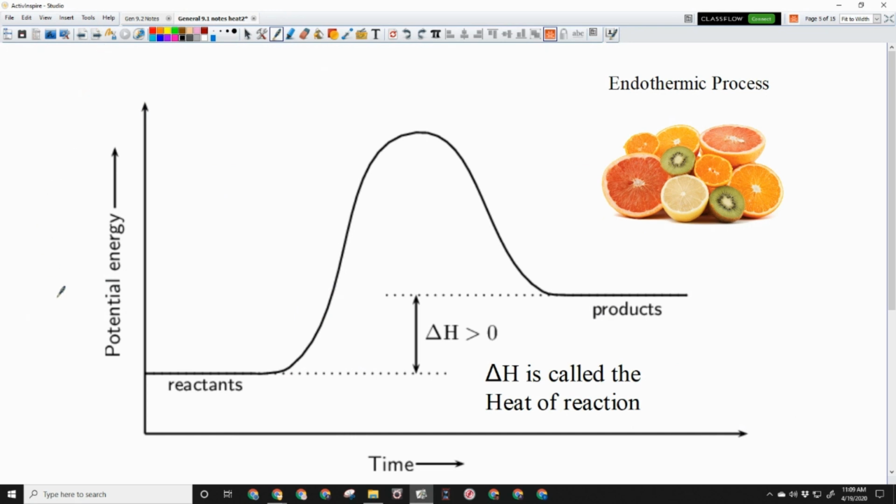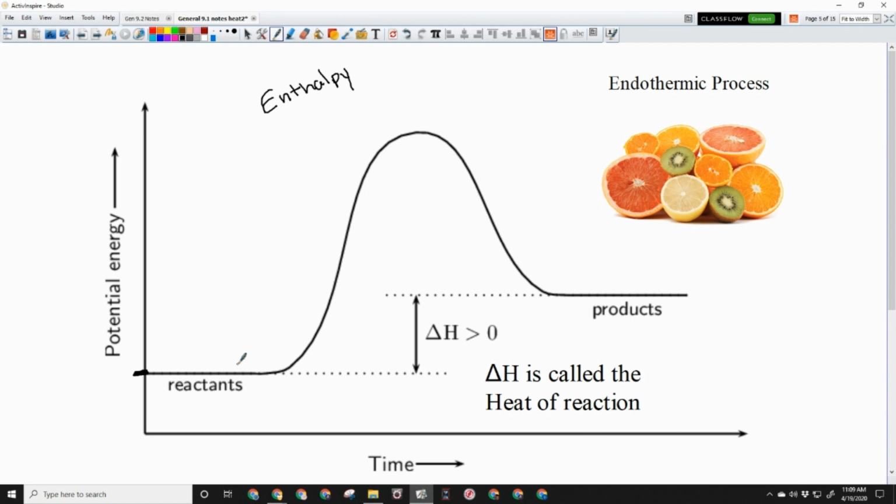If we look at that graphically, this is an endothermic process graph that we're looking at here. Enthalpy, let me write this word so you can see it. Enthalpy is a change in heat in a system. Here, the y-axis is the potential energy and here is time. At the beginning of this process, we have some reactants that have this much energy.